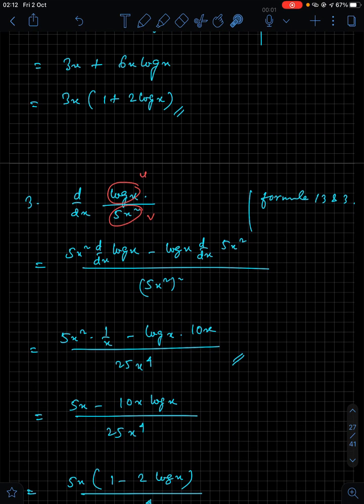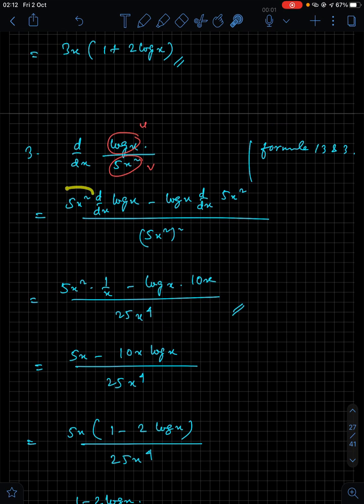Question number 3. This is of the u by v pattern. Okay, the division pattern. So d/dx of log x divided by 5x square. So log x is taken as u and 5x square is taken as v. So v d/dx of u, it's 5x square d/dx of log x minus u d/dx of v, that is log x d/dx of 5x square, divided by v square, so 5x square whole square.